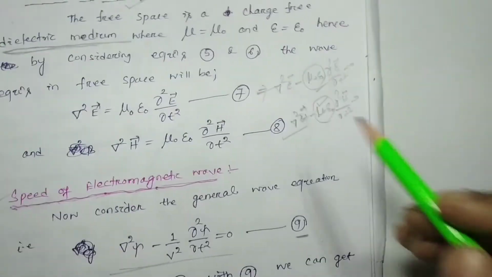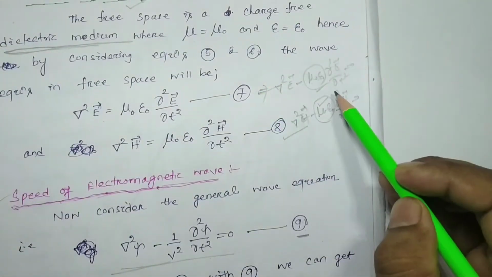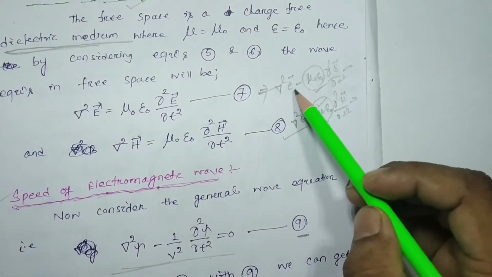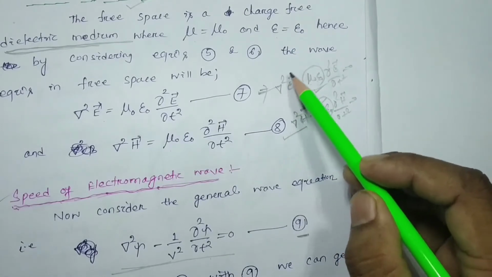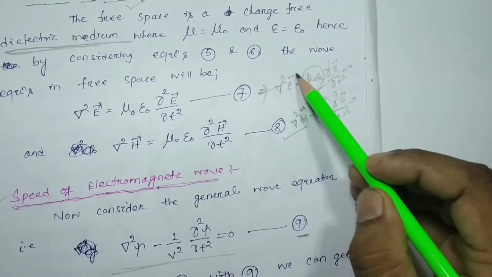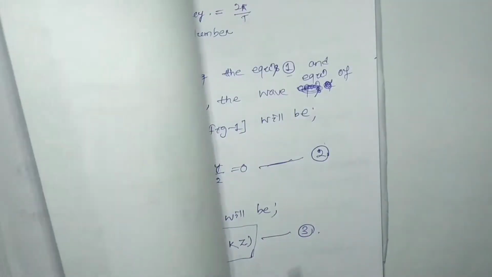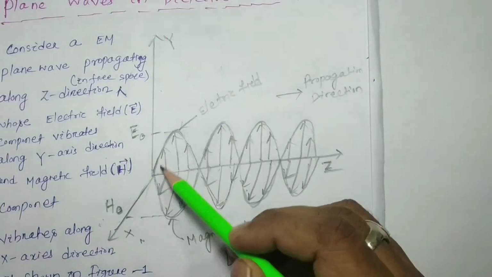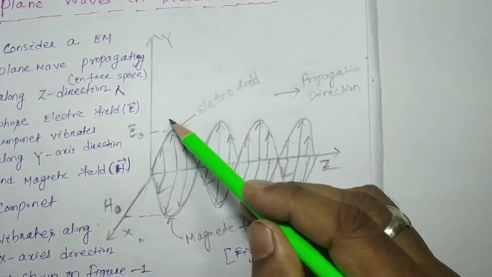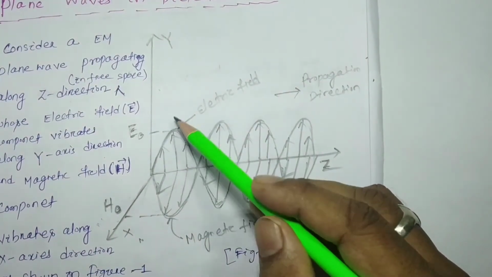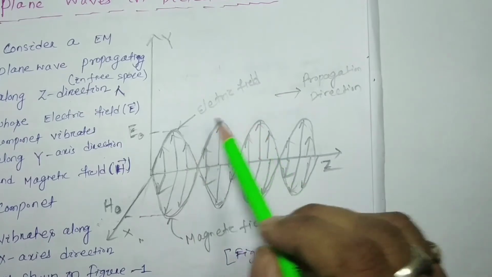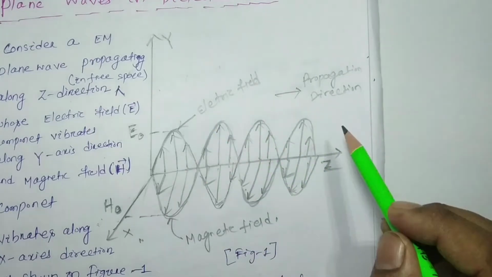This is the general equation in 3D format. Del square E here means all the three components contained in this electric vector. But in this figure the electric field is only along the y direction. Along the y direction it has the vibration, and along the z direction it has the propagation.